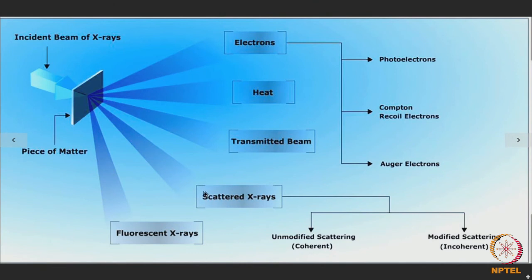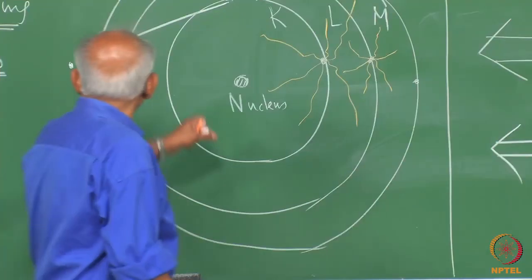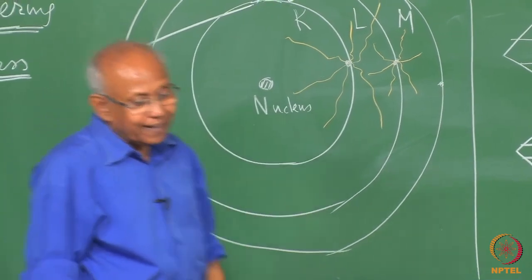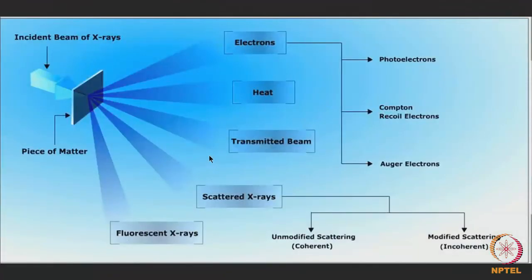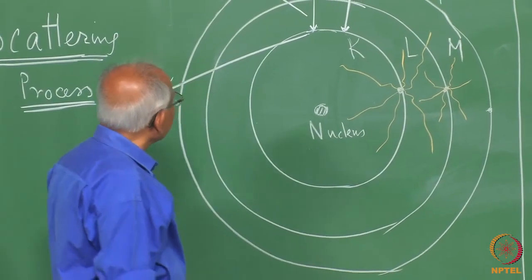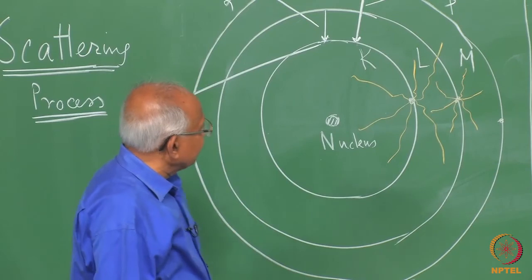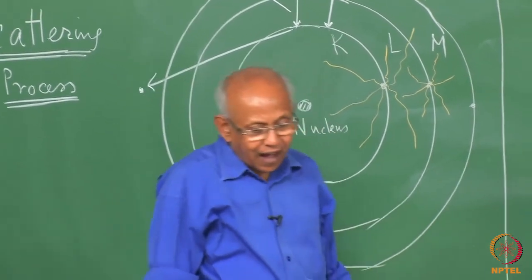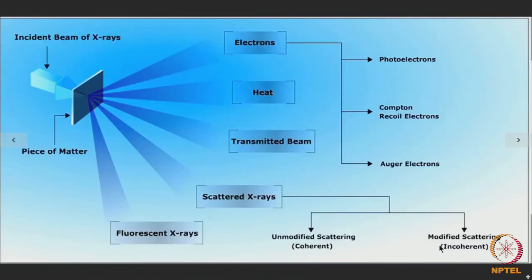There will be scattered radiation, as we have already shown here, the scattering process. And the scattered radiation can be of two types. One is the coherent and the other the incoherent type, and here the radiation that is scattered has the same wavelength as the incident wavelength, and in the other case it has a slightly larger wavelength.